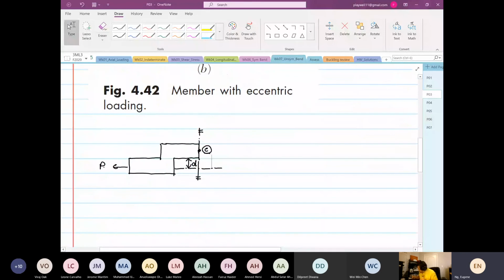And then the distance of my centroid, I'm going to call it E, because later on you have to find the centroid.